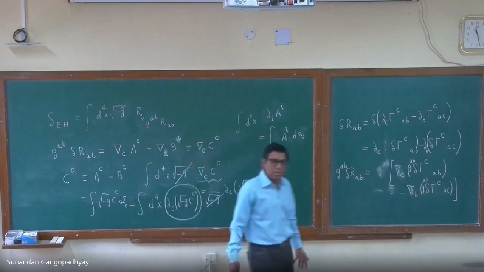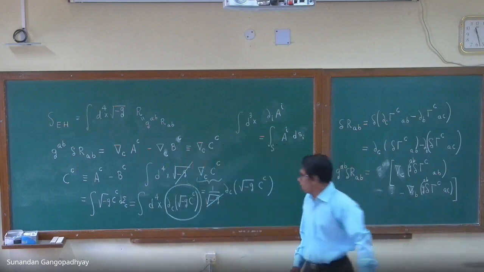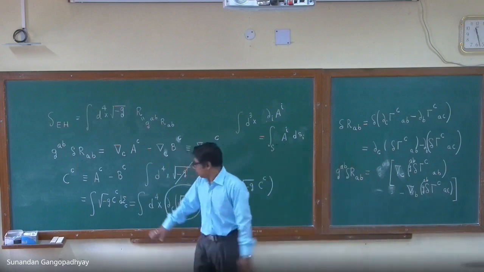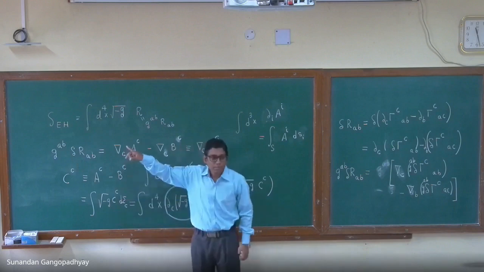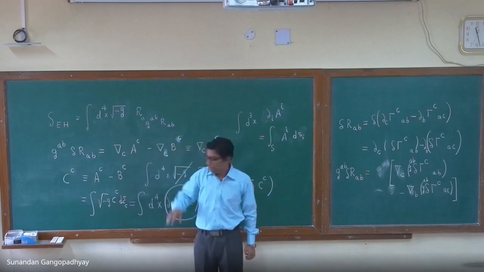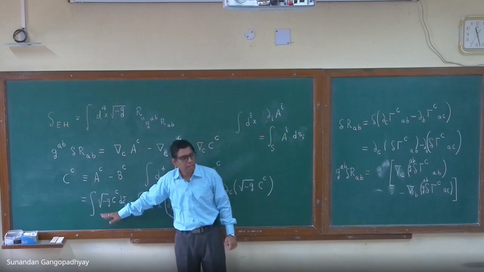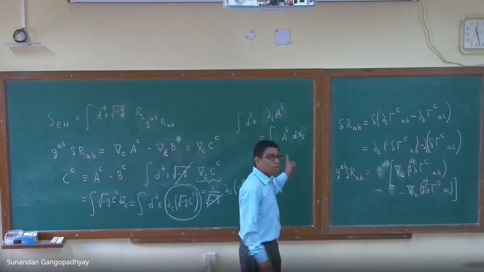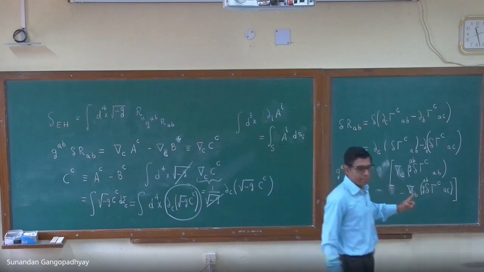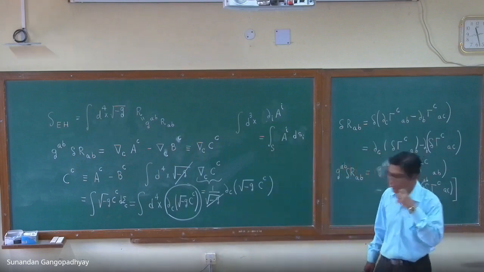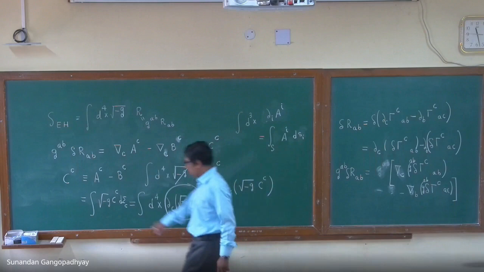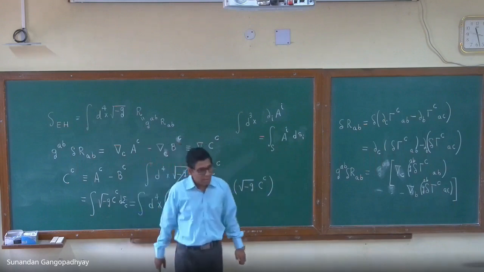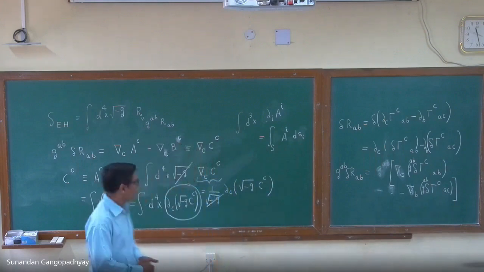Here also in general theory of relativity, see the first term under variation gives you some boundary term. This is the boundary term. It is a surface term. Now I can calculate the other two terms. The first term is a boundary term, and the other two terms we shall calculate, right?